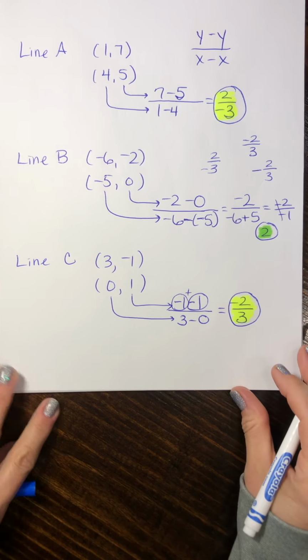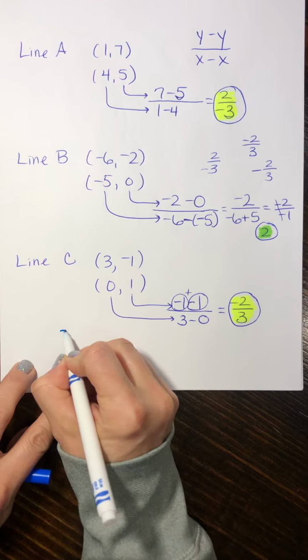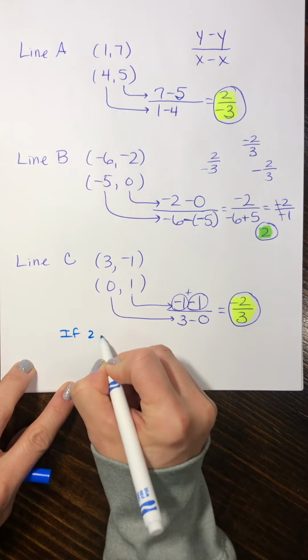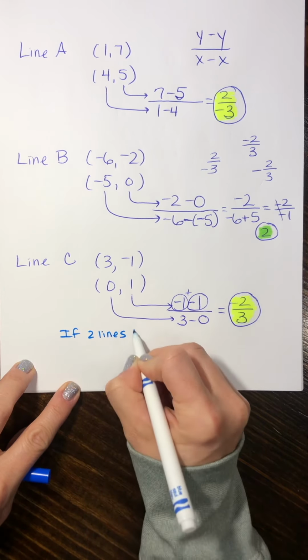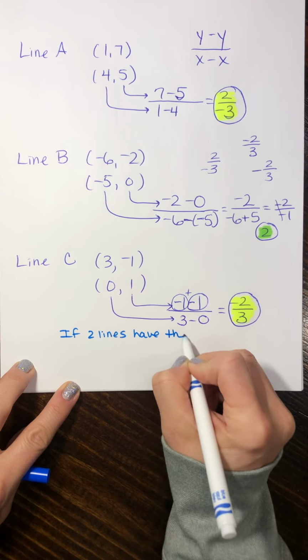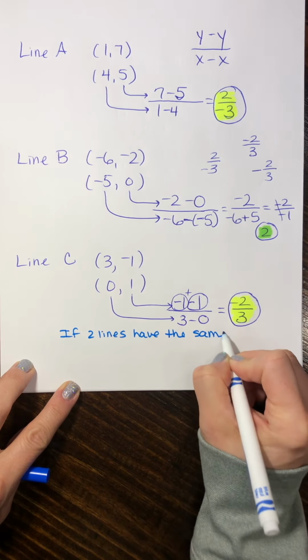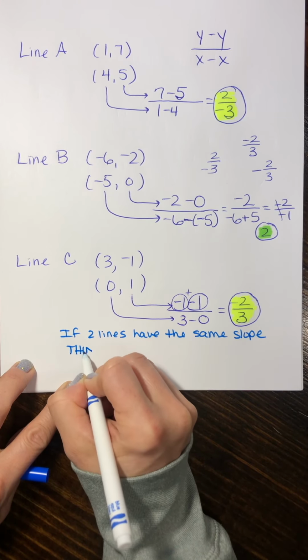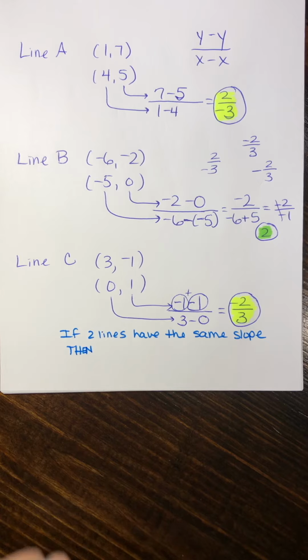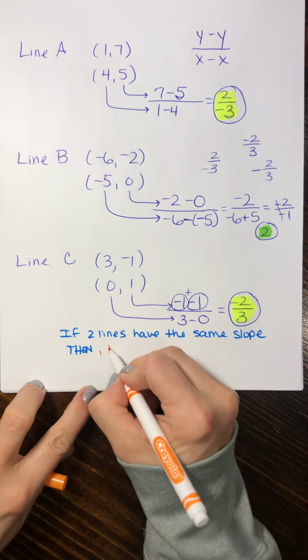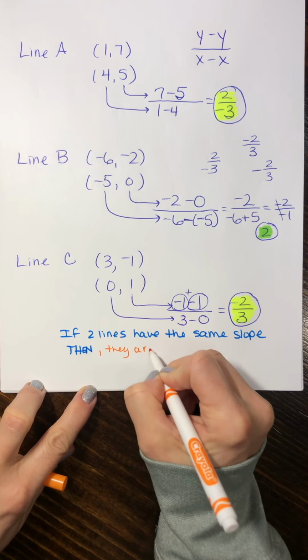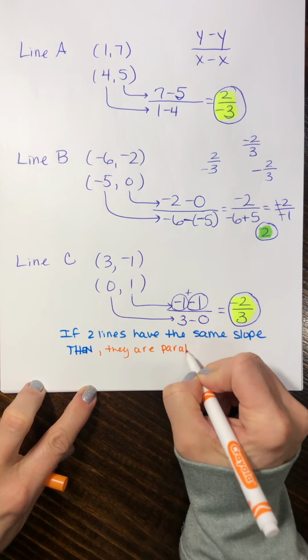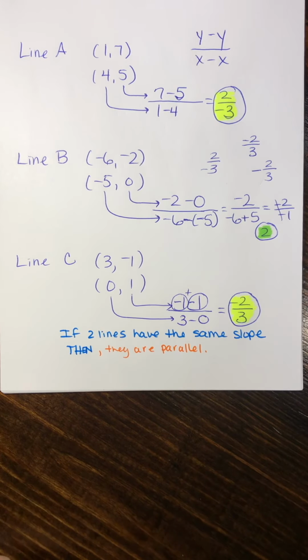So if I were to say, and I want you to finish this sentence, if two lines have the same slope, and you're writing this too, it's kind of like an if-then. Then what? If two lines have the same slope, then you know that they are parallel lines. Okay? If two lines have the same slope, then they're parallel.